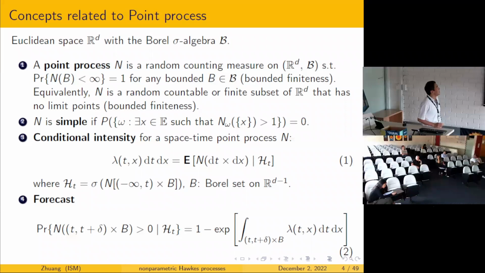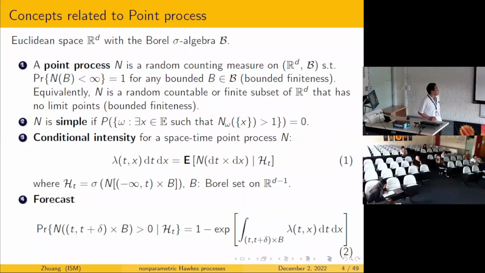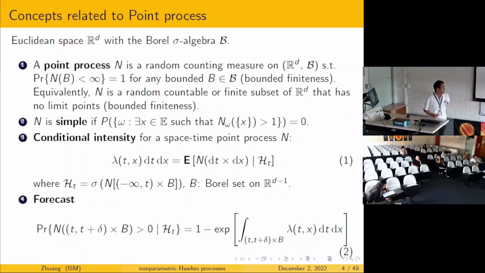It is required that for any bounded set, the counting measure is finite with probability 1, so it's called bounded finiteness. Also, a point process is simple if there are no overlapping events occurring at the same location.